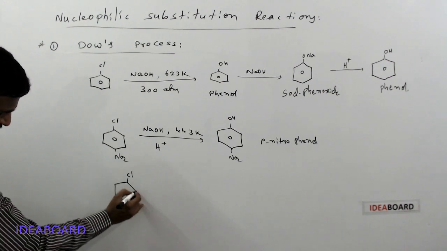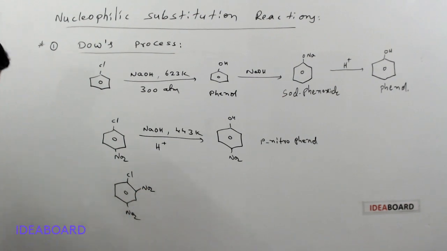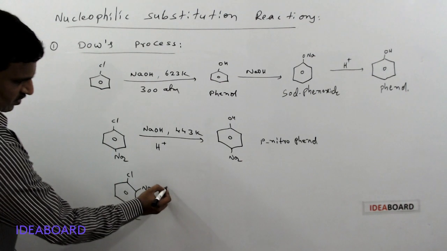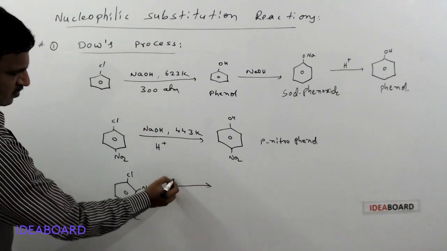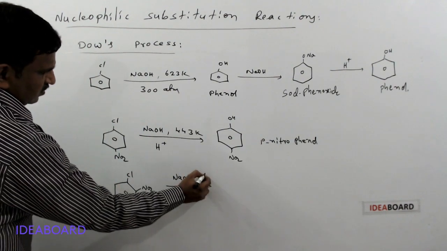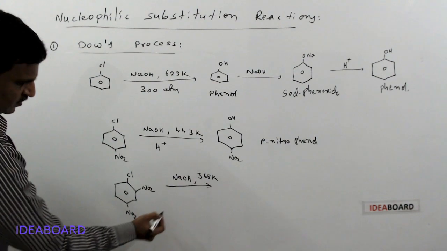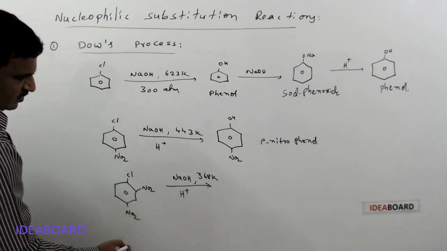Here chlorine, and here it is NO2, and here also we have NO2. Then here NaOH, but here a temperature of 368 Kelvin is enough, followed by acidification.